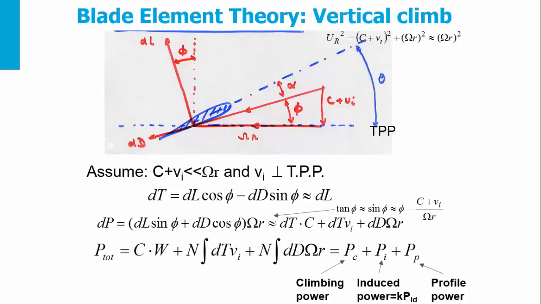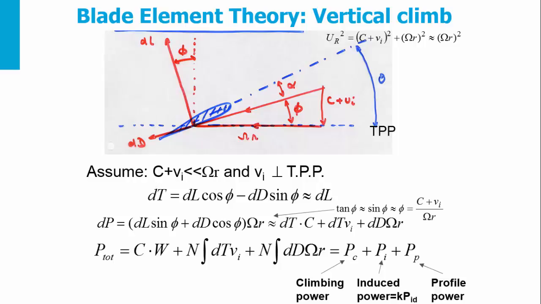In a blade element theory, assume exactly like in hovering flight that we are representing a blade element. Assume that we see the tip-path plane, and then again, the blade has a tangential velocity, omega r, and a perpendicular component of the velocity, c plus vi.